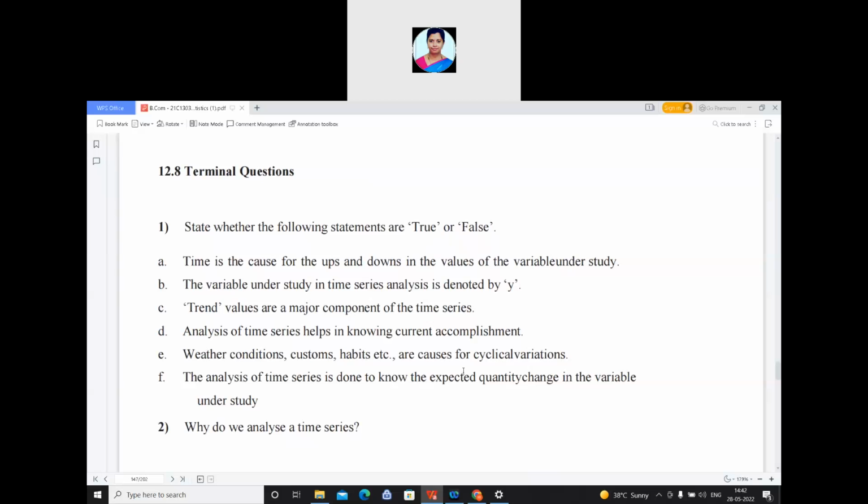Next, the variable under study in time series is denoted by Y. Is it Y or T? You have to decide. Next, the trend values are a major component of time series. If it is so, it means yes, or if it is no, then N, false.